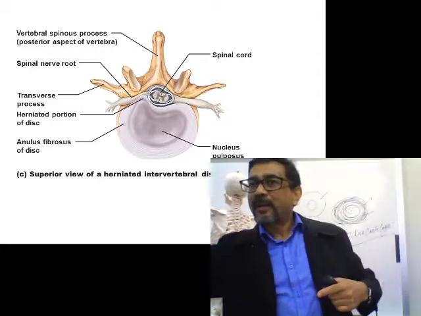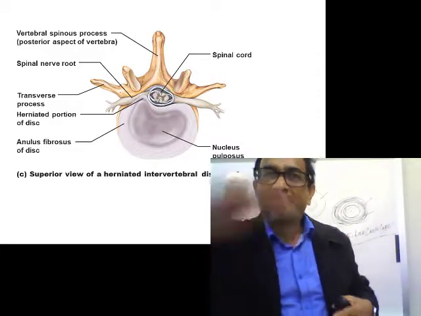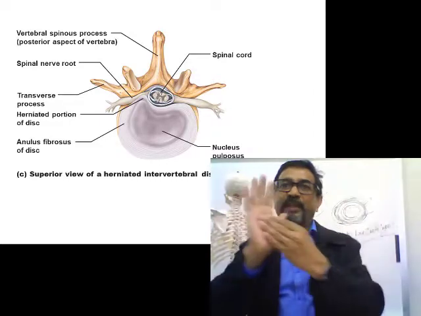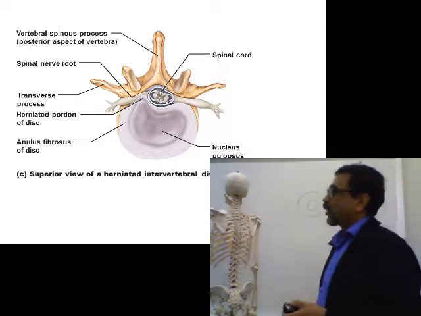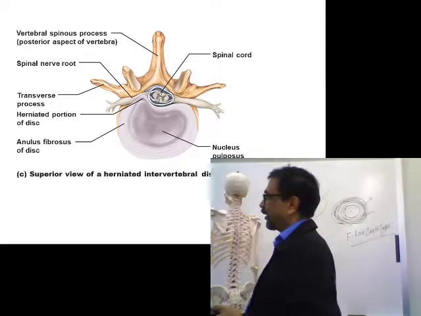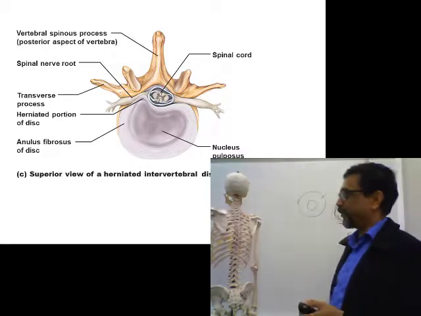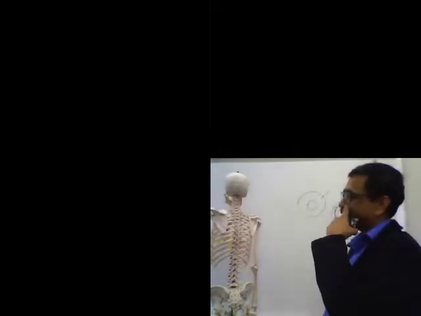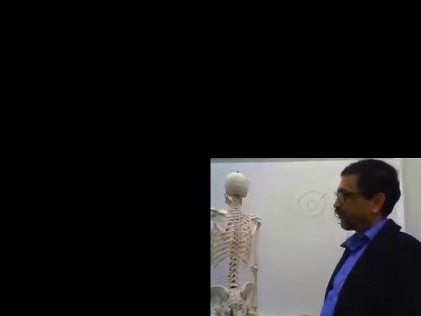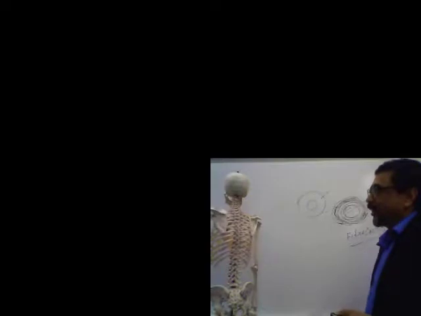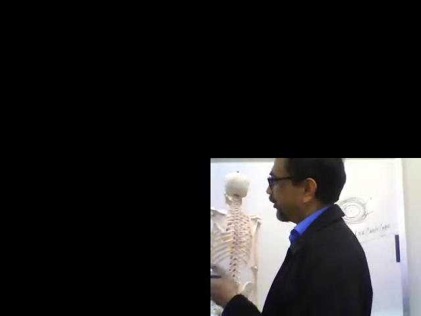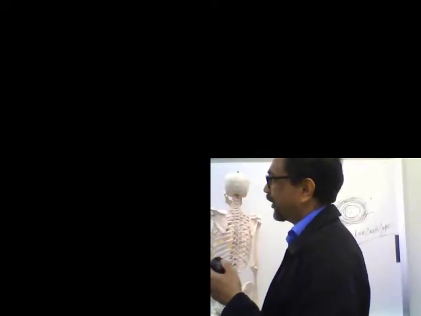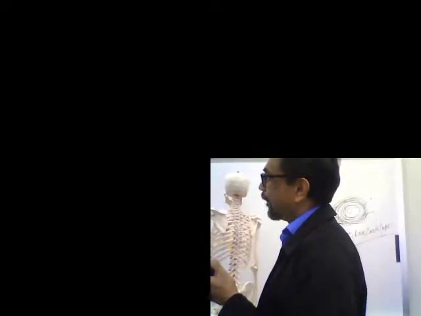And when the intervertebral disc slips out, it pushes the spinal nerves, and that causes severe pain in the area where that spinal nerve innervates. So you see here, this herniated portion has pushed the spinal nerve root, the beginning of the spinal nerve, and that happens. You'll hear the patient often complains of pain. Herniated disc.